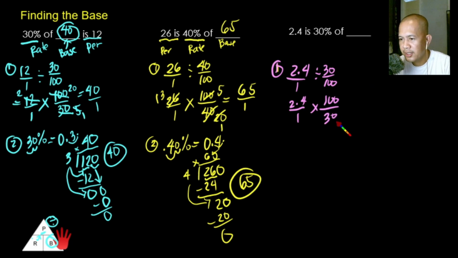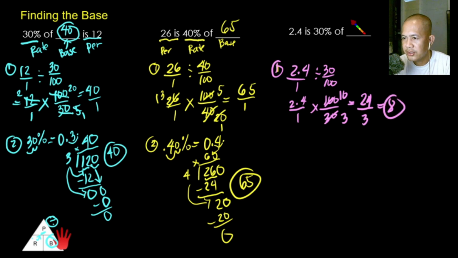So we can do the cancellation method here. We're going to cancel 30 and 100, so that is divided by 10, that is 10, and this also is 3. Okay, and we can now multiply 2.4 times 10, that is 24 all over 3. So we can divide 24 by 3, so it gives us 8. So the answer here is 8.